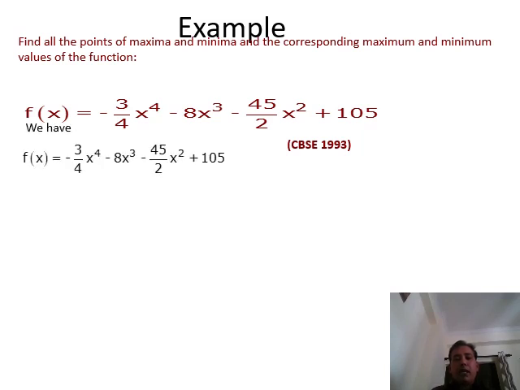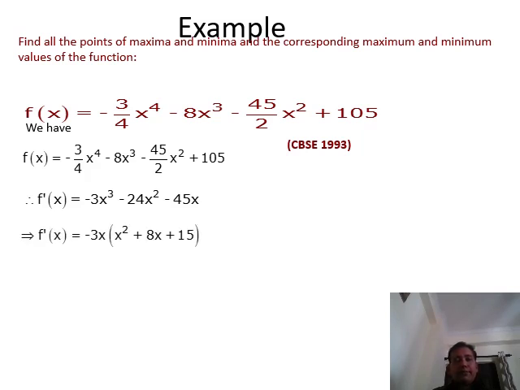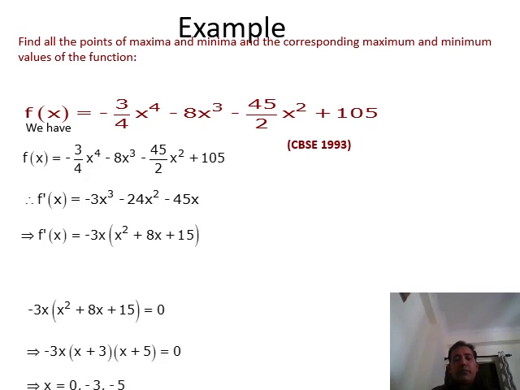We have f dash x is equal to minus 3 x cube minus 24 x square minus 45 x. On factorizing, f dash x will be equal to minus 3 x, x plus 3, x plus 5. Setting this to 0, the turning points are 0, minus 3, minus 5.